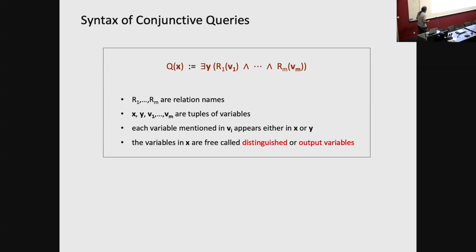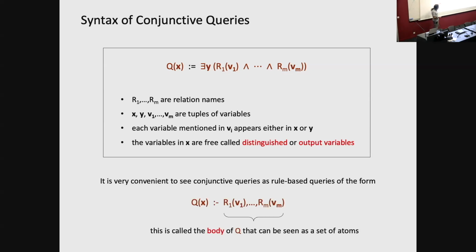It's a very simple language. And it is very convenient to see these queries as rules. So we can equivalently express this query as a rule of this form. This weird symbol you can think of as an arrow. Essentially it states that if the body of the query holds, then we expect to get something as an answer. You can read it in this way.